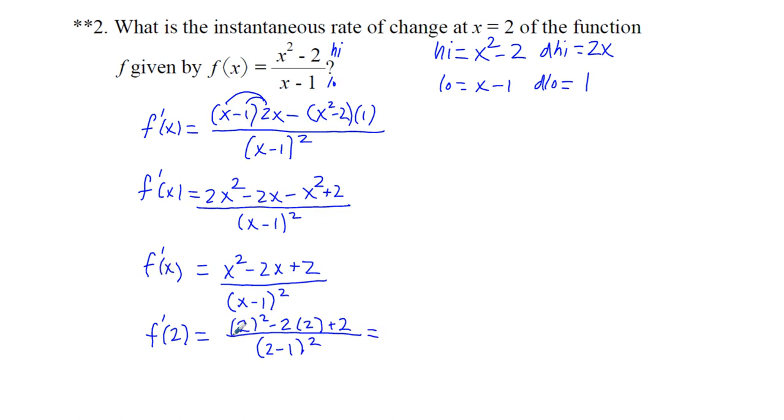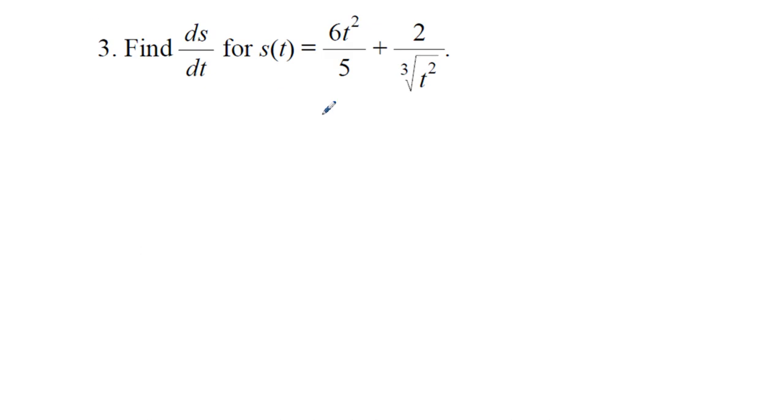Well, in this case, 2 squared minus 2 times 2. So we have 2 over 2 minus 1 squared, which is 1. So our answer is going to be 1. Or, let me take that back. 2. There we are. That's better. Okay, there we go. Let's go on to the next problem.